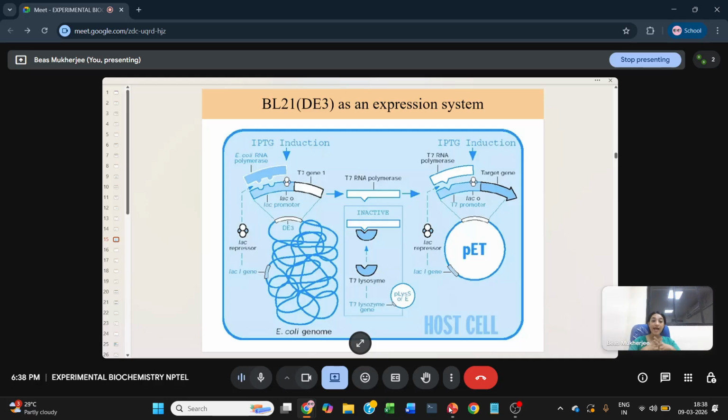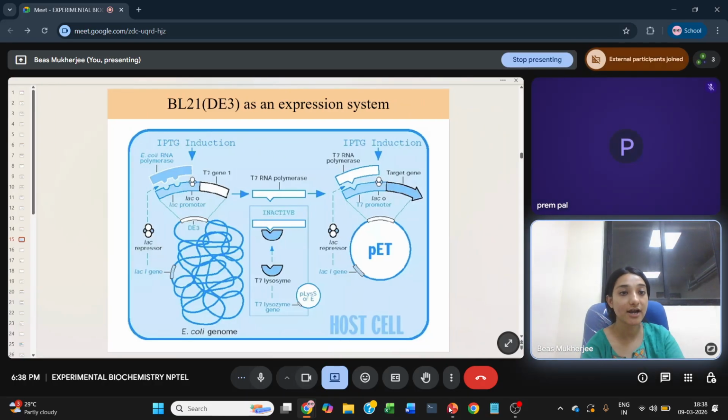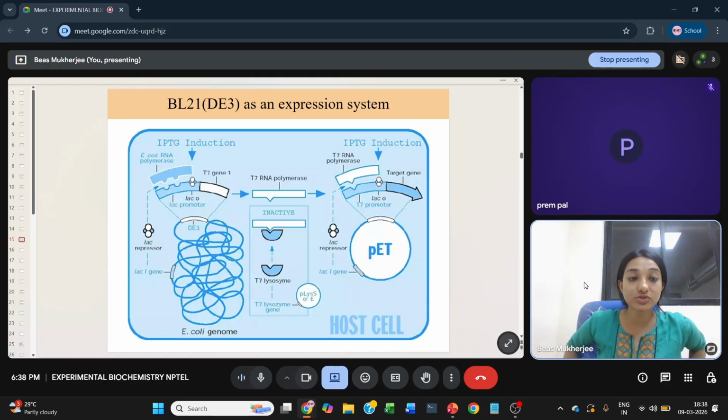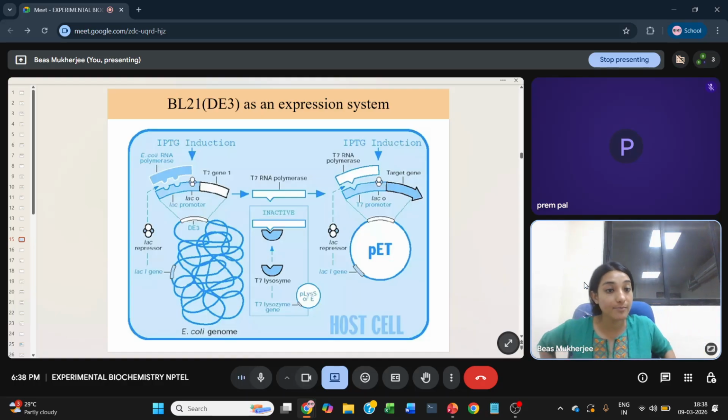Also there is this LAC promoter. So you know that LAC promoter is under the repression system by LAC repressor protein. And this has been modified in such a way that this LAC promoter is actually converted into LAC UV5 promoter, and this LAC UV5 promoter is a lot more potent compared to just normal regular LAC promoter.